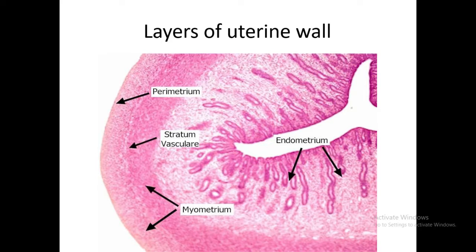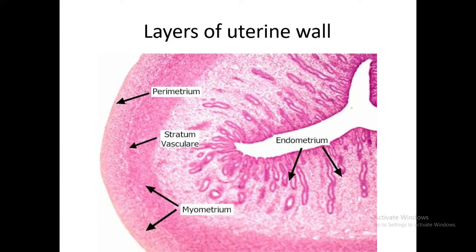This is the figure of the uterine wall. Here we see the layer of endometrium, and the outermost thin layer is the perimetrium. The endometrial layer, we know, is divided into 3 layers: stratum compactum, stratum spongiosum and stratum basale.